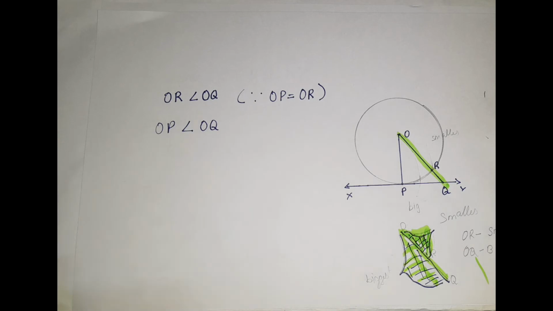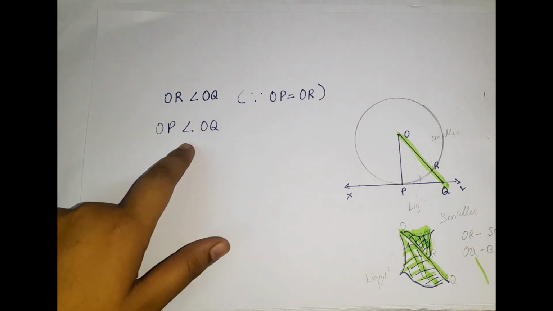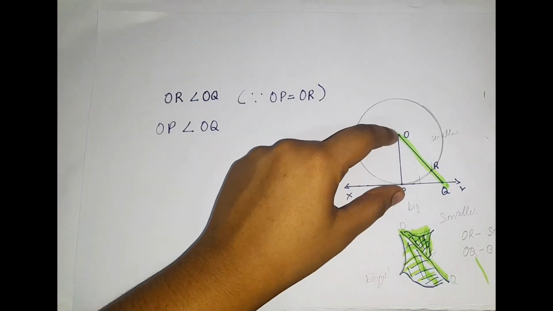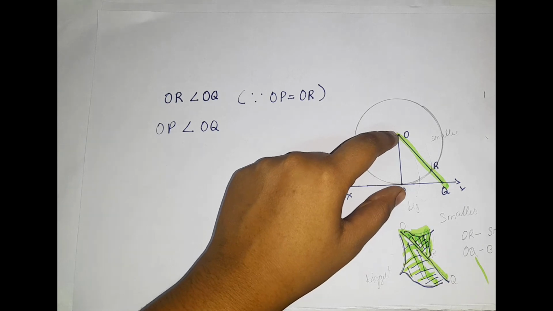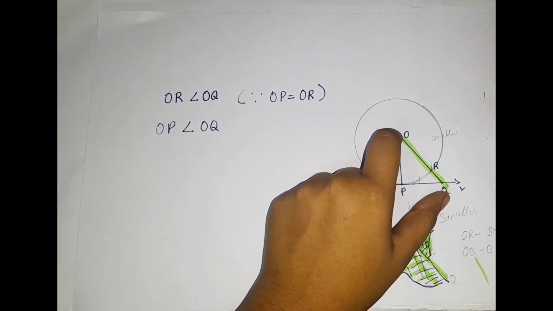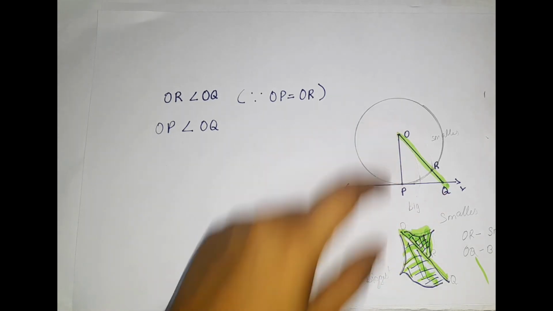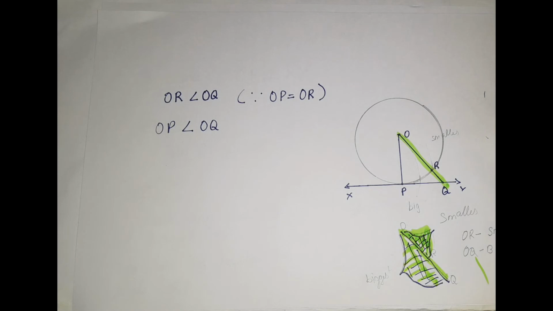If you know the deep explanation, no need to mug it up. Since you know OP is smaller than OQ, why? Because OP is here and it is smaller, and when it comes to OQ, it is so big. If you take the measurements also, OQ is big and OP is small. So this is the simple reason.